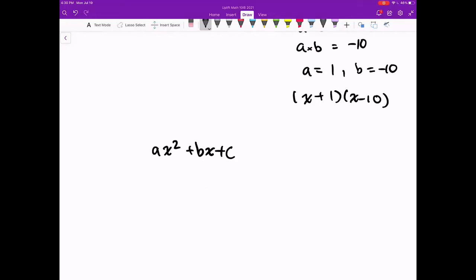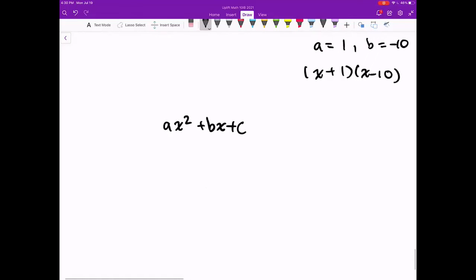Yeah, sure. So it's kind of the same as if the leading coefficient is 1, except we make one change, which is that we must find two numbers which multiply to a times c and add up to b. Okay, this is a little confusing, so we'll just give an example.